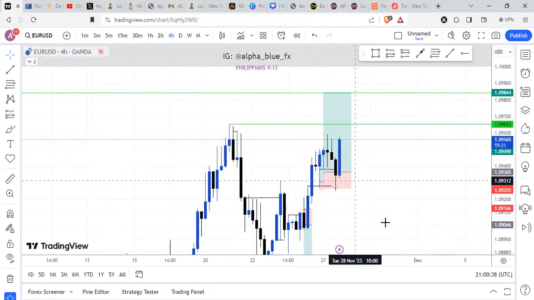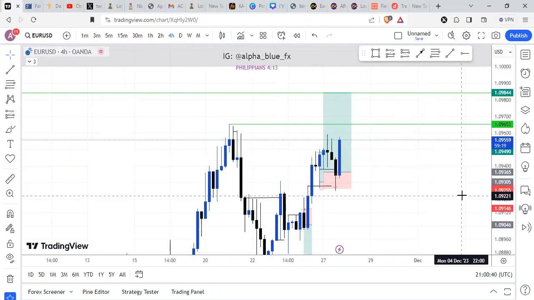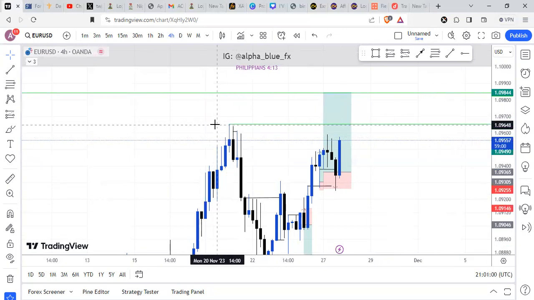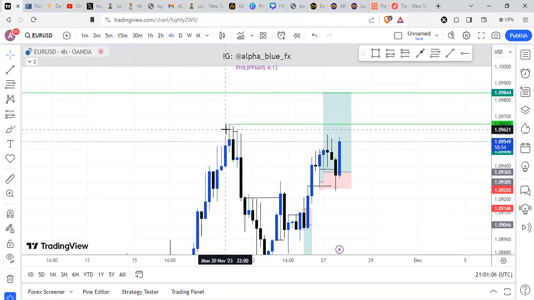Usually, when price is going in its overall or higher time frame direction, say you're looking at a bullish market, price is going bullish, and the higher time frame is aligned with that, then you now have a previous high that price is going to. It usually will come and take out this high.